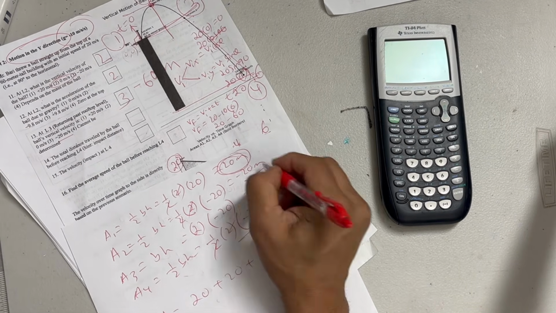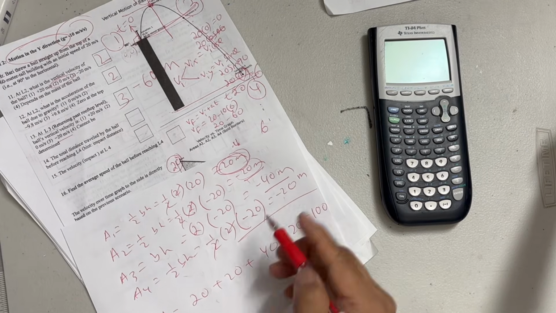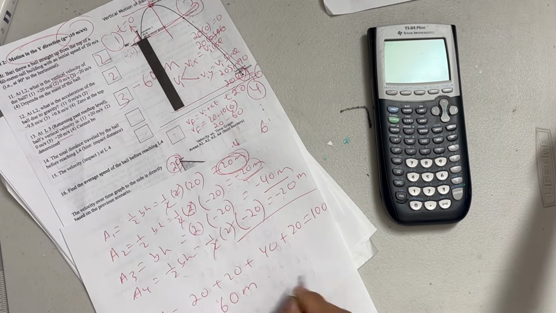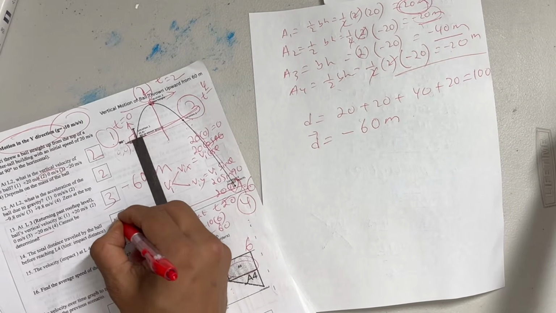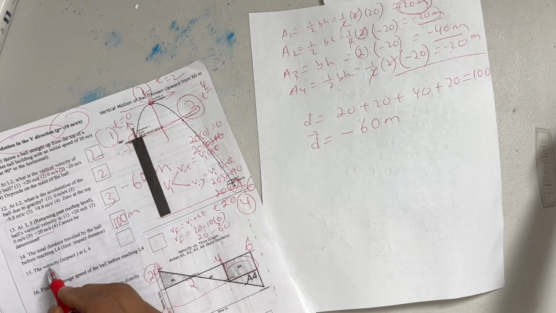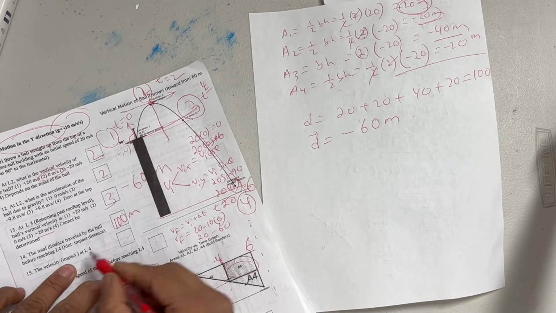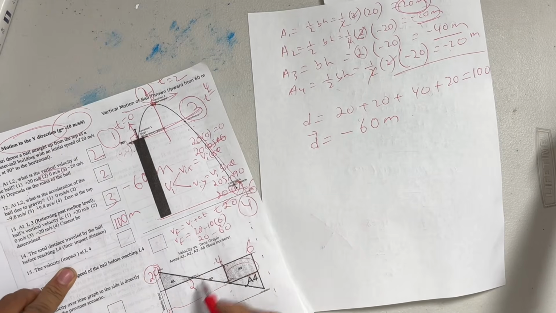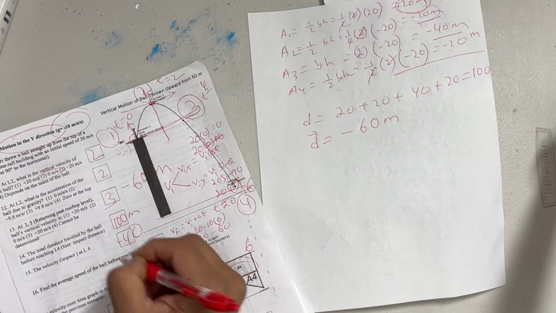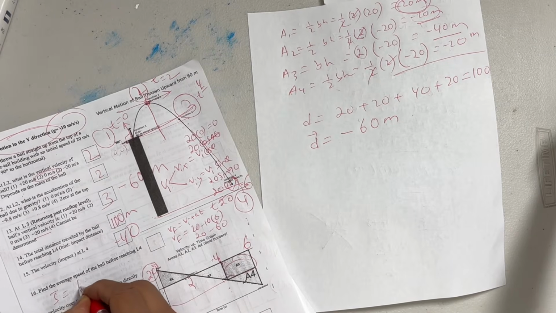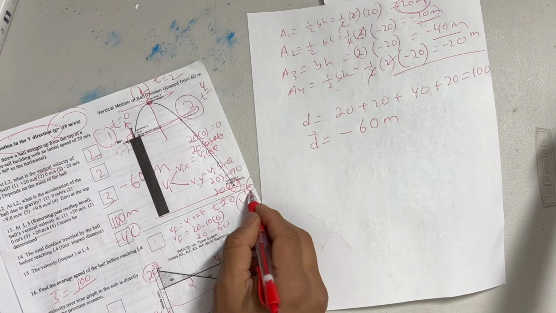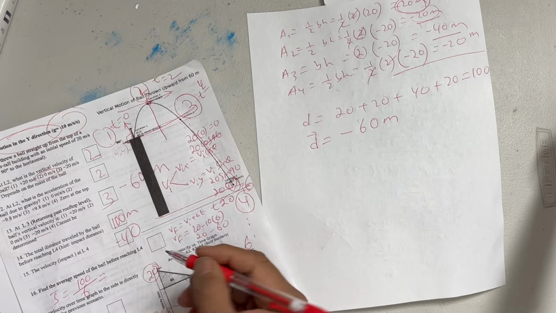Displacement is 20 minus 20 is 0, minus 60 meter. So the total distance is 100 meter. What is the impact velocity at location 6? Negative 40. Find the average speed. 100 divided by 6, which is 16 or 17.